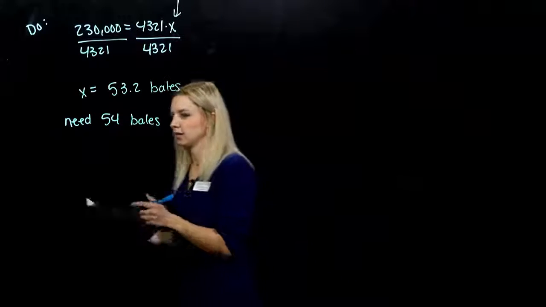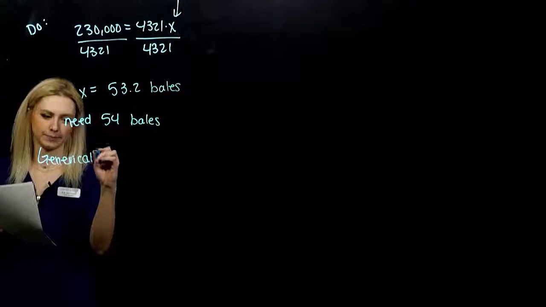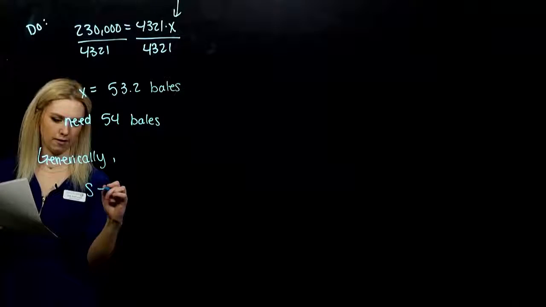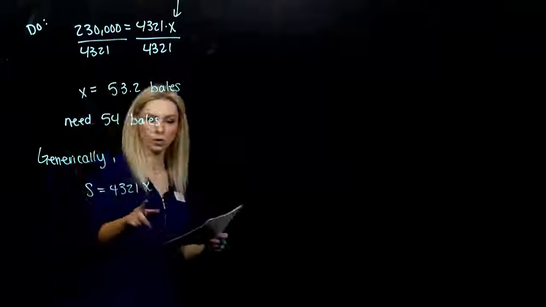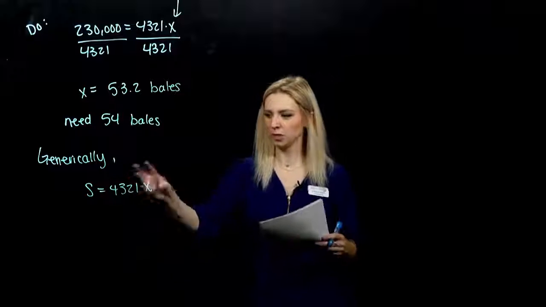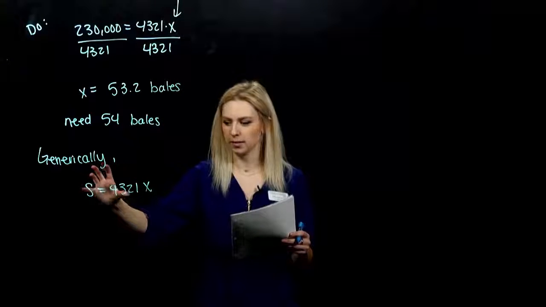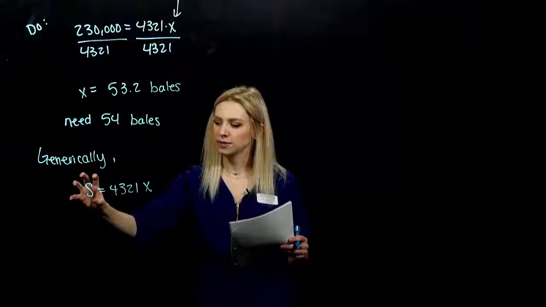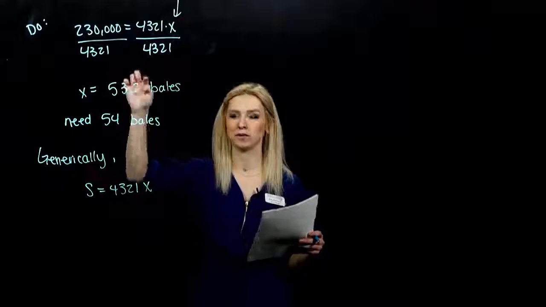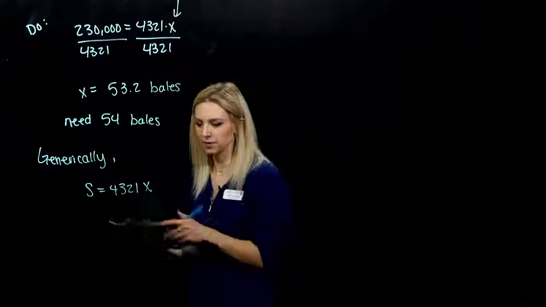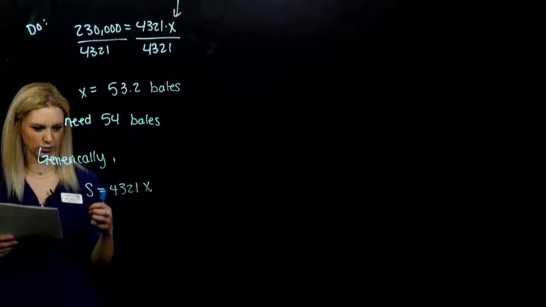So generically, let's solve S equals 4321X for X. So before, when we were given bales of cotton, it spits out the number of socks really fast. But if I'm having a number of socks and trying to solve for the number of bales, then we have to do this process every single time. But if we take care of it in the beginning, then it doesn't matter. We can plug in S and get X really fast.